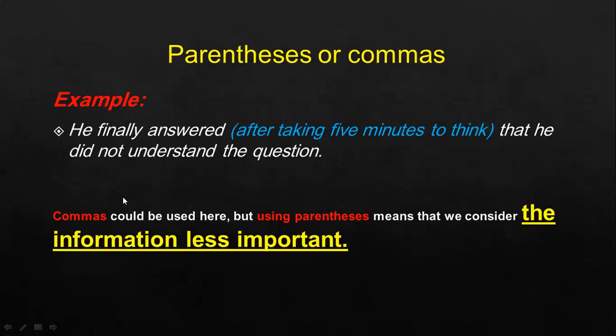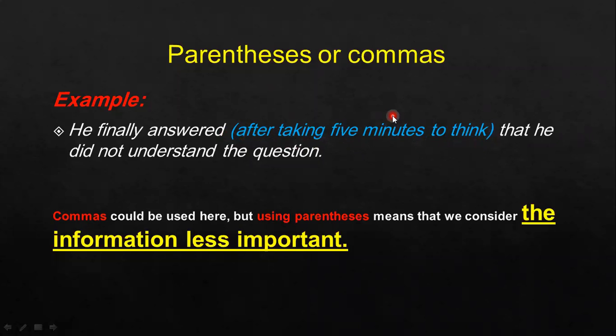Look at this example. He finally answered (after taking 5 minutes to think) that he didn't understand the question. This blue part, after taking 5 minutes to think, is put into parentheses, but we can also use two commas here and here.